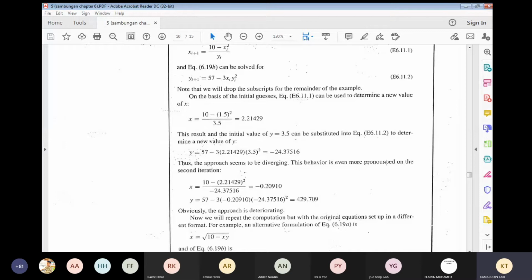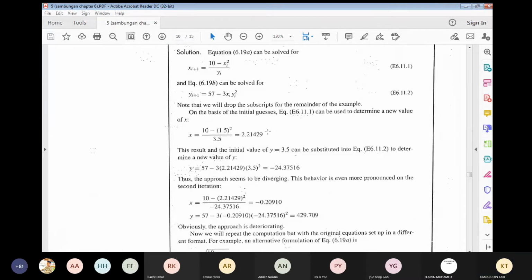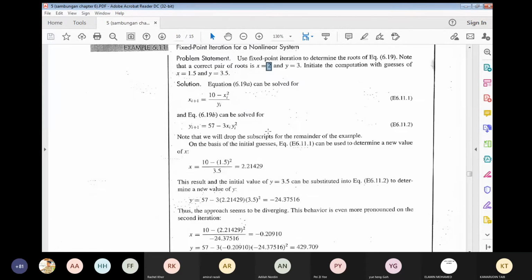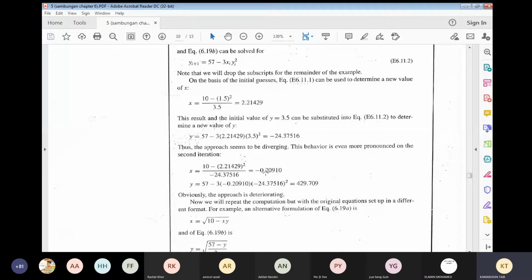This diverging behavior is more pronounced, more evident, more clear on the second iteration. On the second iteration, we got x equal negative 0.20, whereas the root is 2. So from 1.5, it jumps to 2.21, bypasses the 2.0, and then jumps to negative 0.20910.